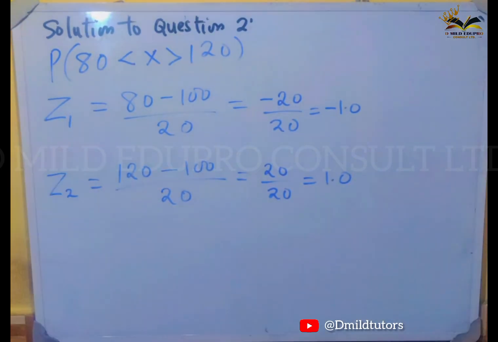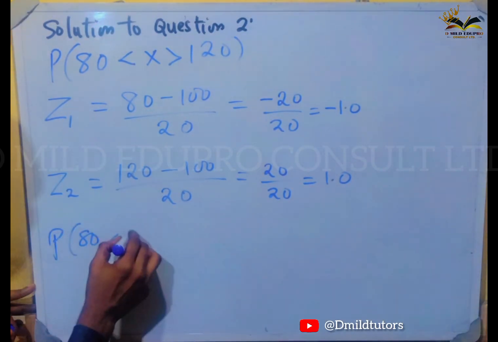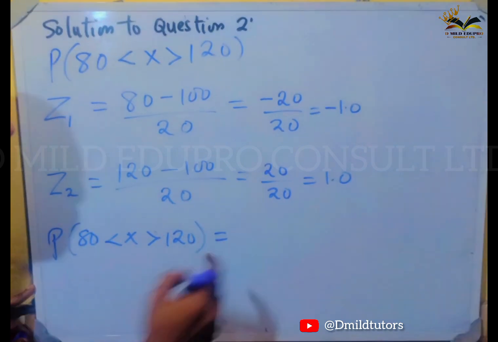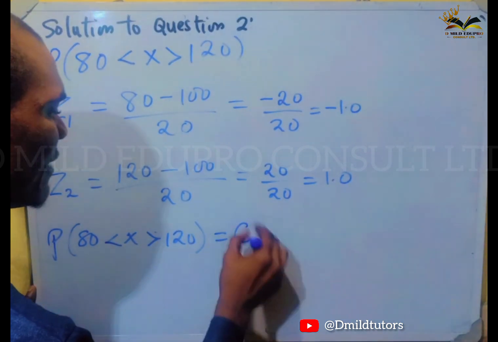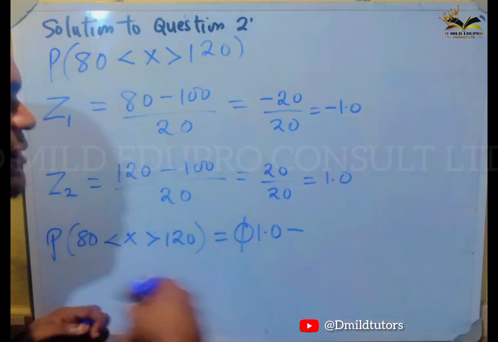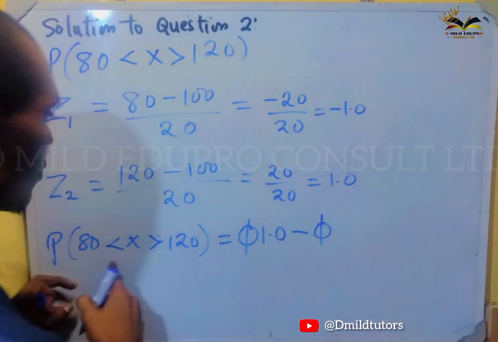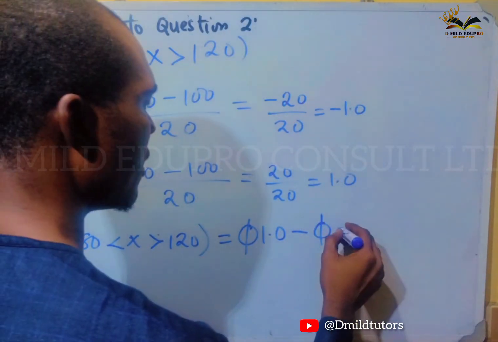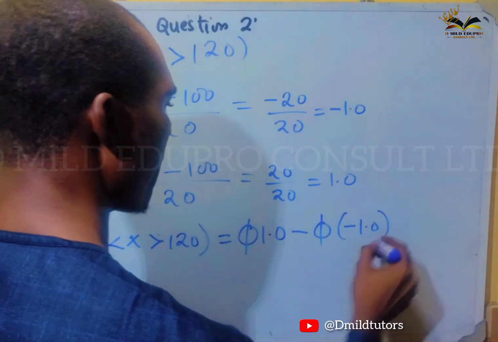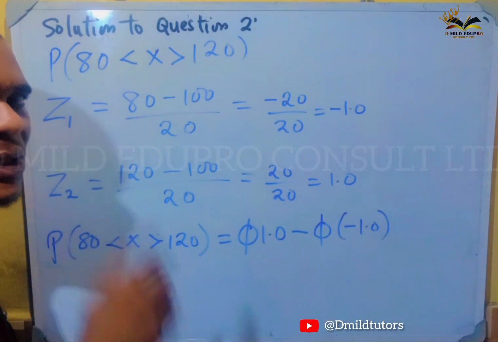Is that okay? So the probability of 80 less than x less than 120 is going to be the same thing as the value for 1.0 minus the value of the z-score for the negative one, which is minus 1.0. Now remember the value for the one we did first.